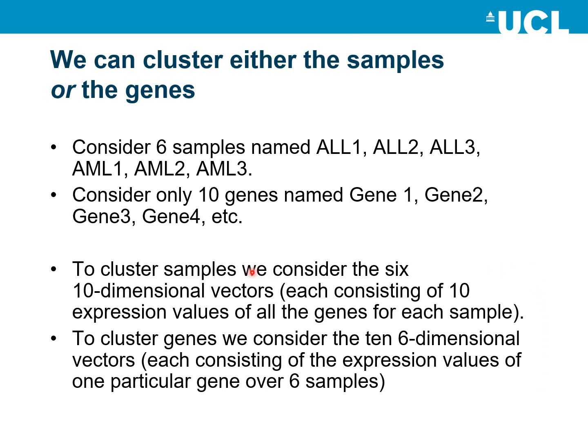We can either cluster samples, and then we consider the 6 samples as 10-dimensional vectors, each consisting of 10 expression values for all the genes in the sample. Or we can cluster genes, and in that case we consider 10 6-dimensional vectors, each consisting of the expression values over the 6 samples.